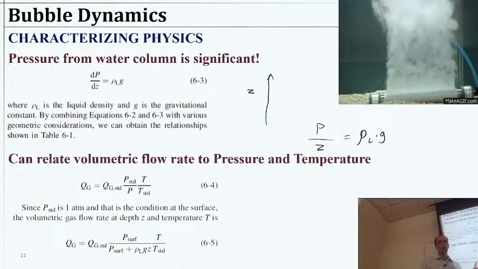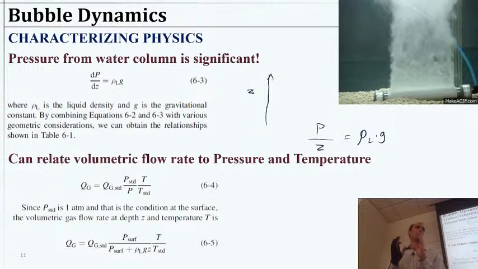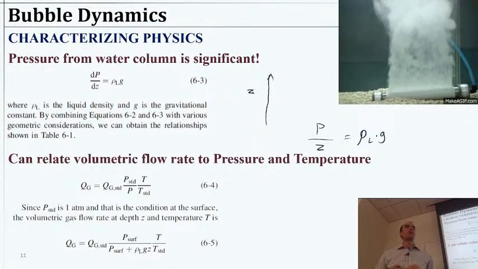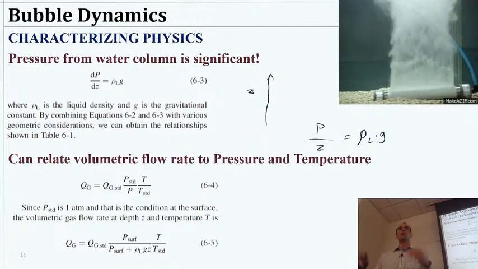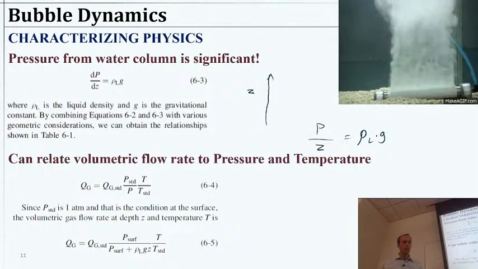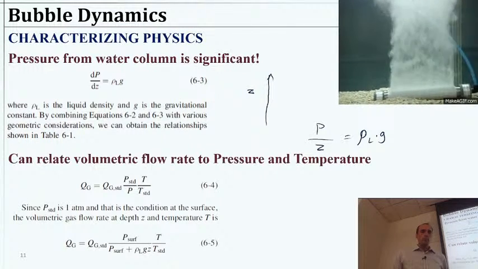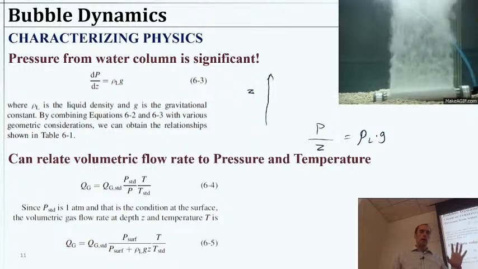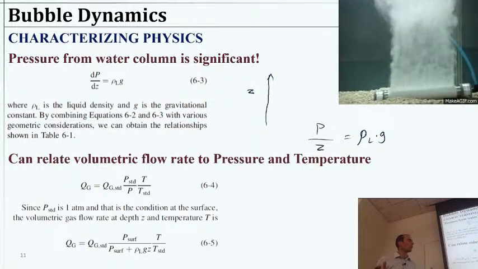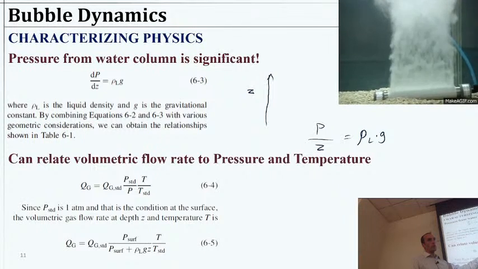We want a standardized way to say we are blowing X amount of air into our system, and our blowers have an operational capacity of Y, right? So we can say Q, the flow rate for our gas, we can put into standard terms by accounting for standard pressure divided by the current pressure.